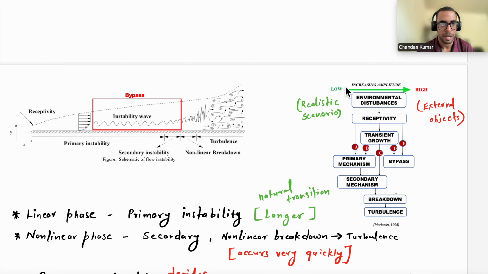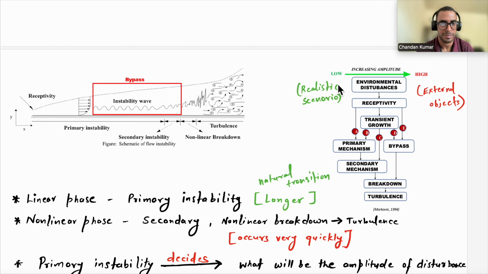So if we have low free stream disturbances, which is a realistic scenario when you have a body flying in the air at a certain altitude, there is going to be a low amplitude perturbation, that is a small fluctuation in pressure or velocity or temperature. In those scenarios, it follows the primary instability, secondary mechanism, and then breakdown and then turbulence that we are seeing over here in this figure.